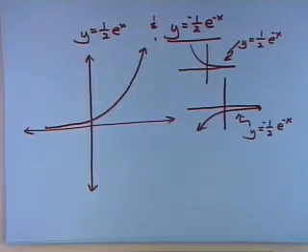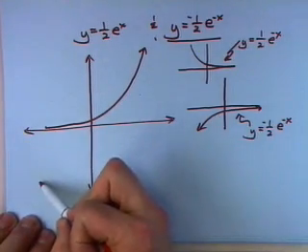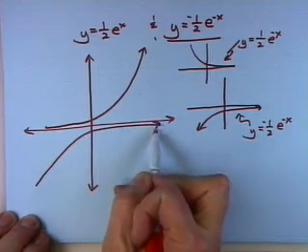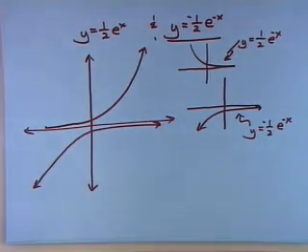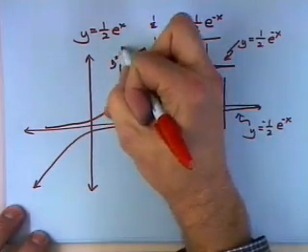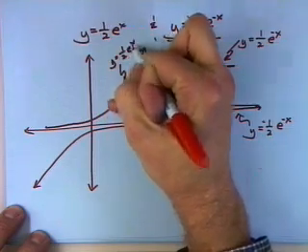There's positive 1/2 e to the x. And then we want this one down here. And we want to add them up graphically. This is that one.